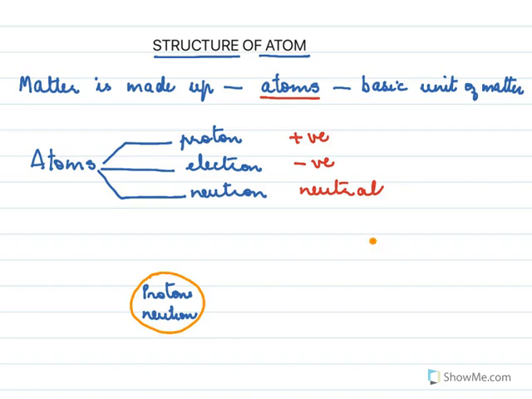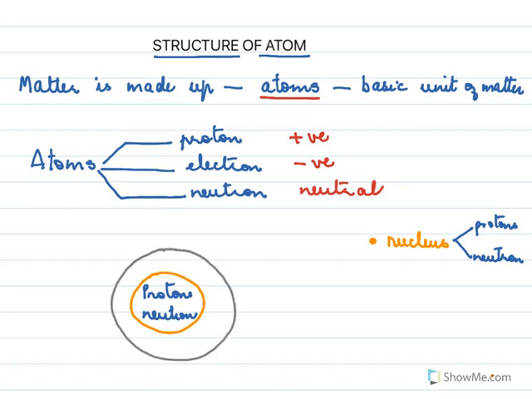When we talk about the structure of the atom, we have the nucleus. And in the nucleus, the particles present are protons and neutrons. Now the electrons, they revolve around the nucleus in orbits.